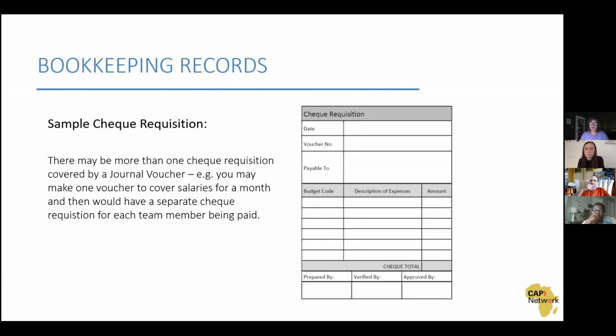Whoever's doing the bookkeeping might fill out one voucher saying we're paying all of these individuals for their salaries. And that could be on one voucher. But if there are 4 people being paid salary, then there would be 4 payment requisitions, because the payment requisitions are about who is being paid, and the voucher is about what is being paid, the expenses as they relate to the project budget or organization budget.